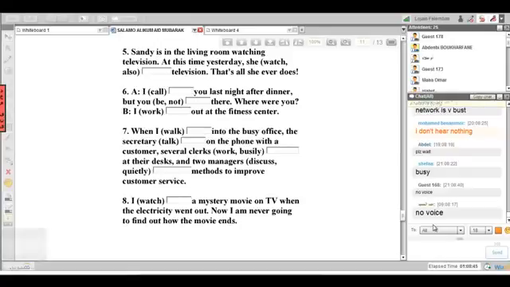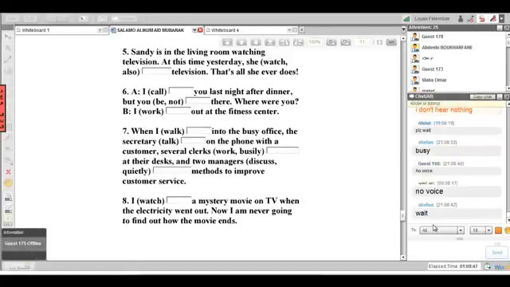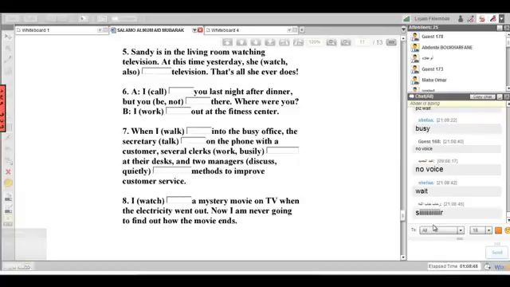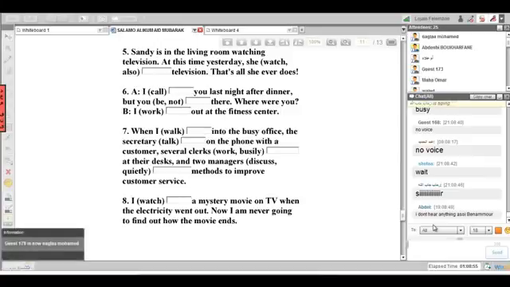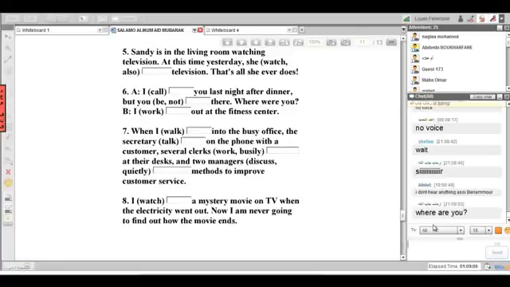Okay, as I said in here, when I walked in the simple past, the secretary talked on the phone with a customer. So was talking, Anas, great. Was talking. Not talking.